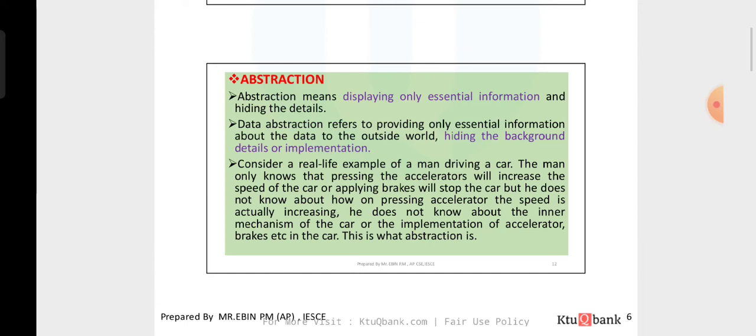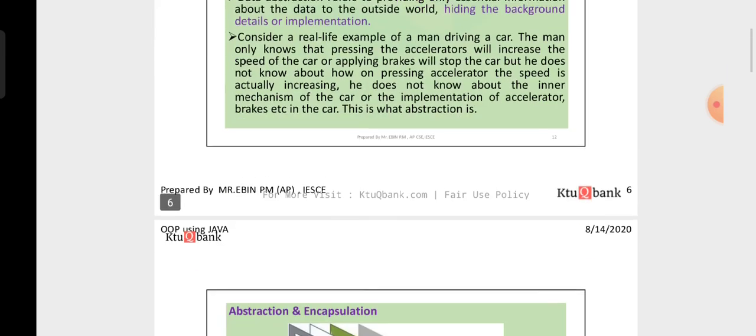Okay, but you don't know the working behind it. When you press the accelerator, the speed will increase, or when you press the brake, it will stop, but you don't know the inner working of that particular car. That is called abstraction. He does not know the inner mechanism of that particular car or the implementation of that accelerator or brake. This is what abstraction is.